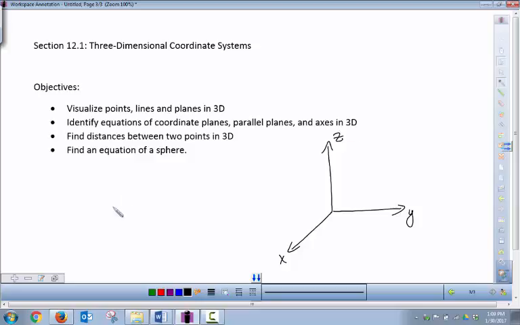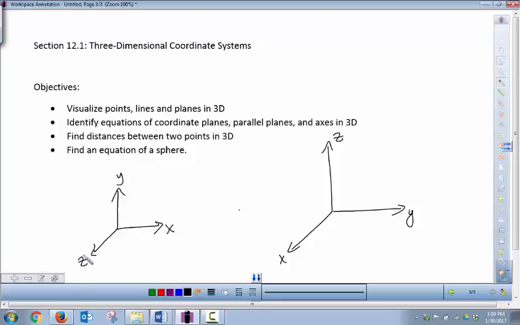So if I redraw and rotate my axis so that this is my X, now which one is going to be my Y and which one's going to be my Z? So the top one is Y and then this one is Z.